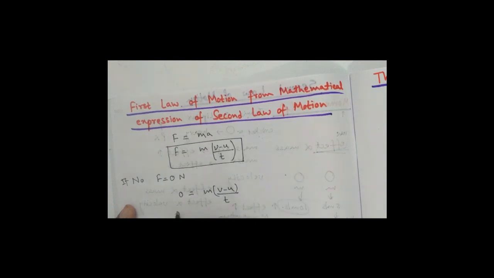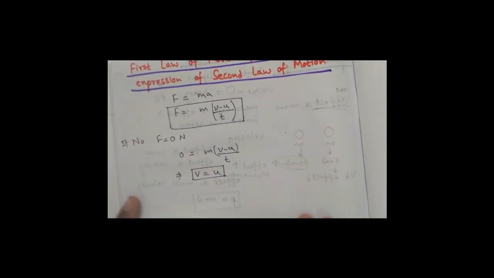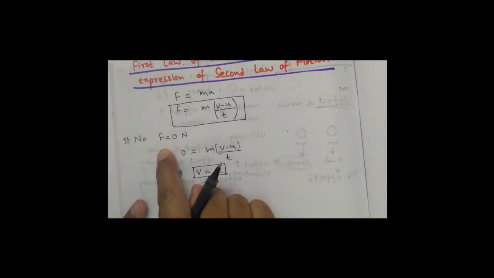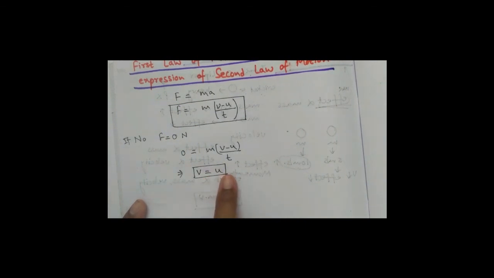Now it will reduce to v equal to u after solving. What does this mean? It means that if no force is applied, then the final velocity will always be equal to the initial velocity.